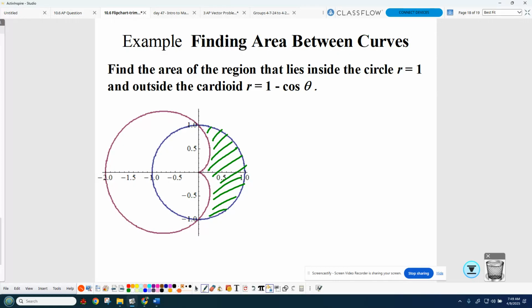There's a whole bunch of valid ways to do this. Anybody got a strategy? Some kind of strategy on how we're gonna find that Batman shape area.